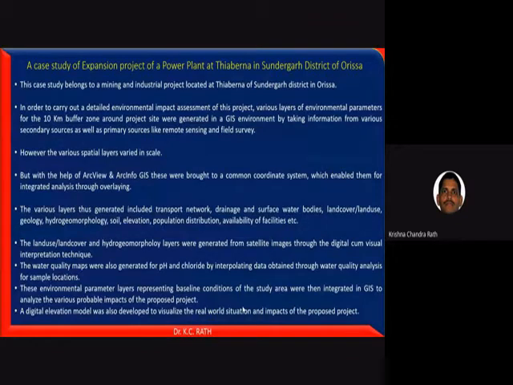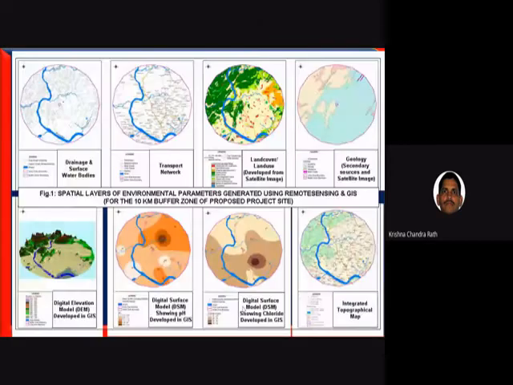As our geography fraternity will be very acquainted with this technique, they know all this. And these are the snapshots of this buffering of all these: transport network, drainage, surface water bodies, land cover, land use, geology, digital elevation, digital surface model, integrated topographical maps.